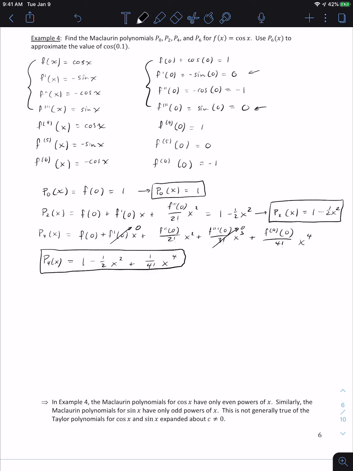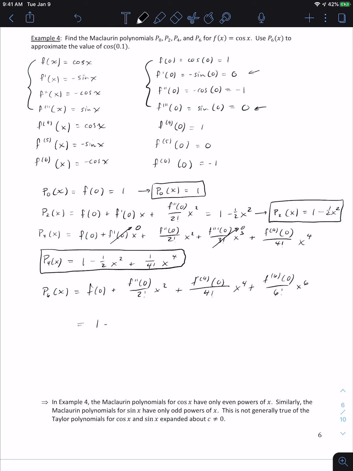And then the last one is p sub 6. And I think you'll believe me now that, like I said, the odds all go away. So this one looks like f of 0, plus now the odd one goes away. So f double prime of 0 over 2 factorial x squared, plus the odd cube one goes away. So f fourth derivative at 0 over 4 factorial x to the fourth, plus now the sixth derivative at 0 over 6 factorial and x to the sixth.